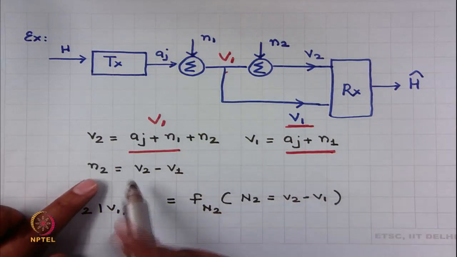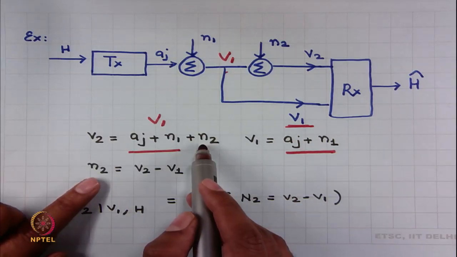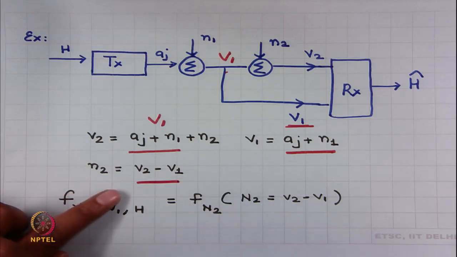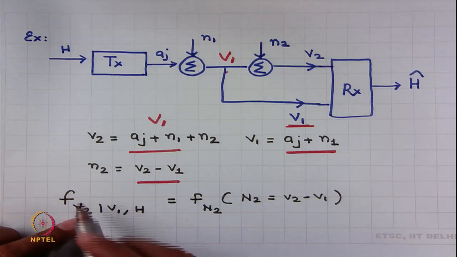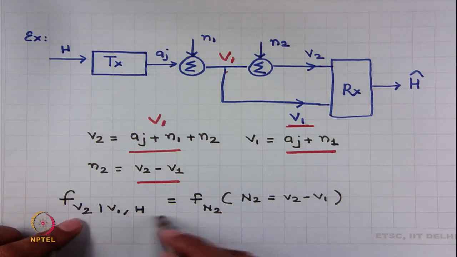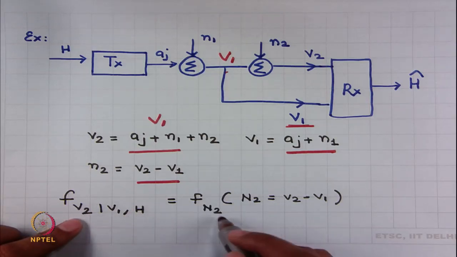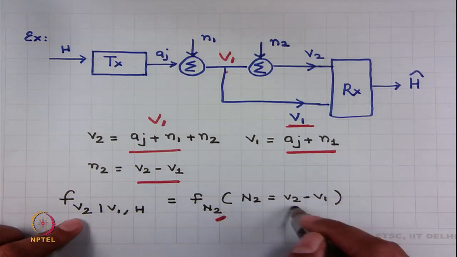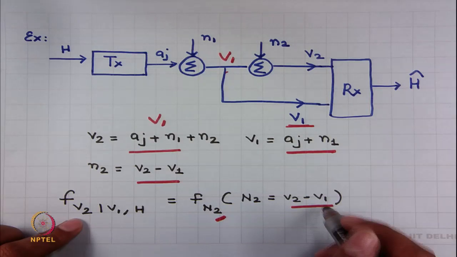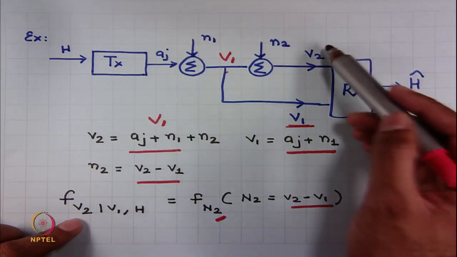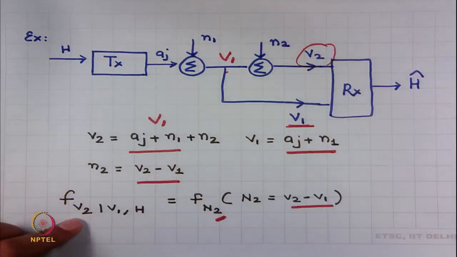So, if we look at n2, what is n2? n2 is V2 minus V1, and hence the conditional PDF of V2 given V1 and H is simply the PDF of the noise random variable taking in a numerical value V2 minus V1, and this is not a function of hypothesis, and hence this V2 is irrelevant for the receiver.